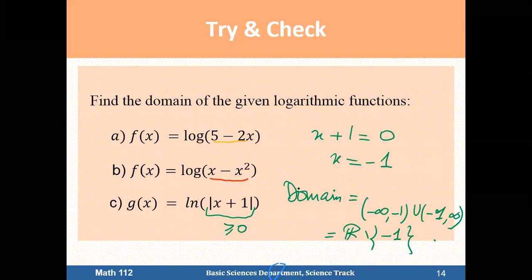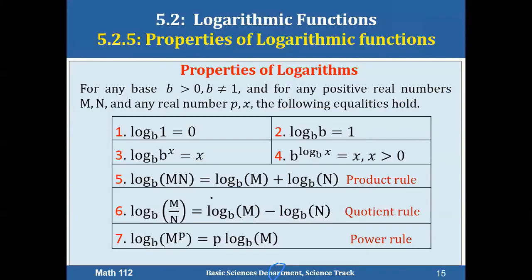Now, what are the properties of the logarithm? The log transforms the product into a sum of logs: log of mn is log m plus log n. The log transforms the division into a subtraction: log of m over n is log m minus log n.